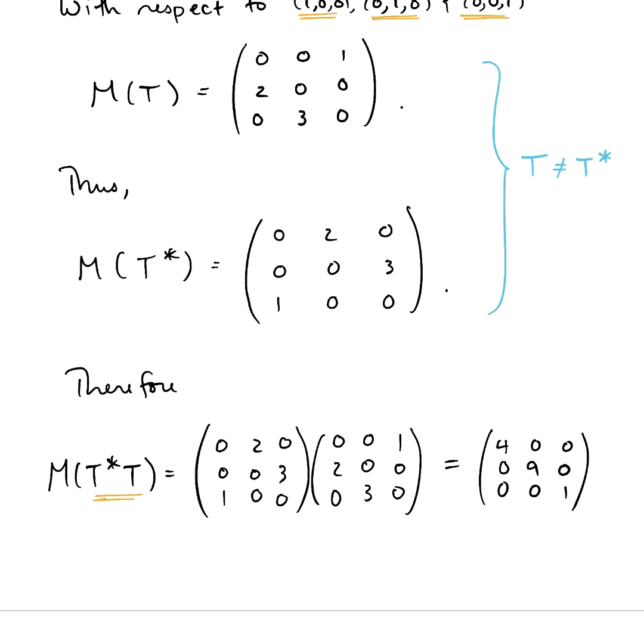We should note right here, if you did it in the other order, if you looked at the matrix for T T star, so reverse the order of that multiplication, you do not get what we just got for T star T.